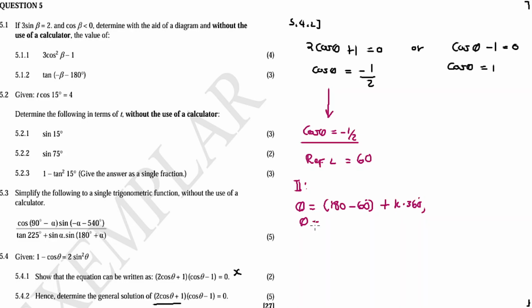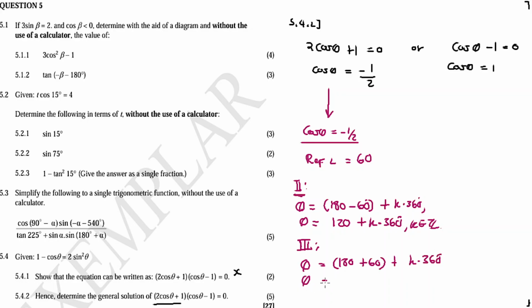Therefore theta is 120 plus k multiplied by 360, where k is an element of integers. Third quadrant, cos is negative as well, so we have 180 plus 60 plus k times 360.